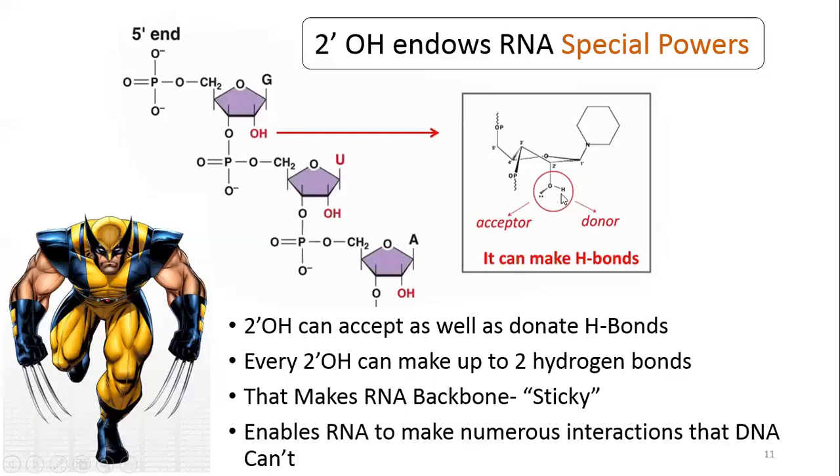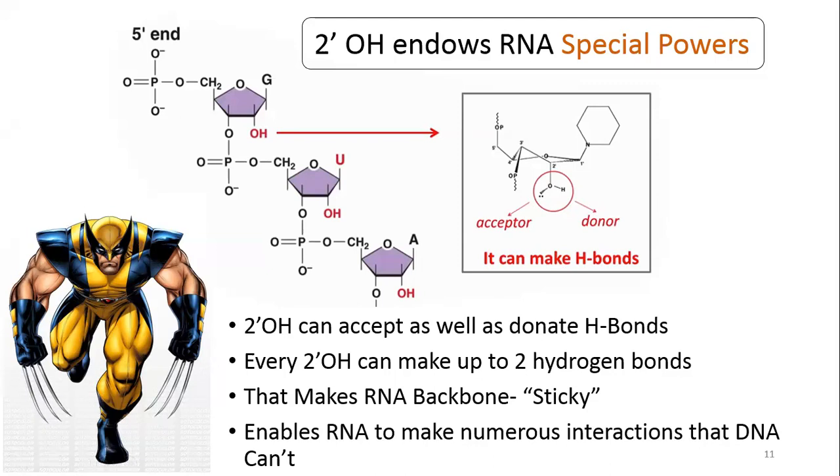And since this OH group contains hydrogen, it can also act as a hydrogen bond donor as well. So in this way, it can make hydrogen bonds in the capacity of acceptor as well as in the capacity of donor. All in all, this 2' OH can accept as well as donate hydrogen bonds.